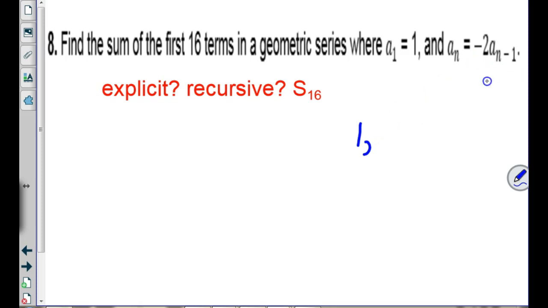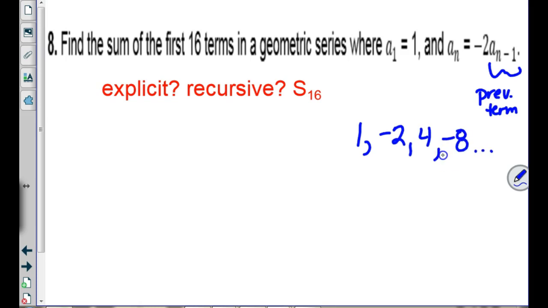How do you find the next term? What does this say right here? -2 times, what do you say when you see this? Means previous term. So -2 times the term before it. So what's the next number? Times -2 would be 4 times -2.